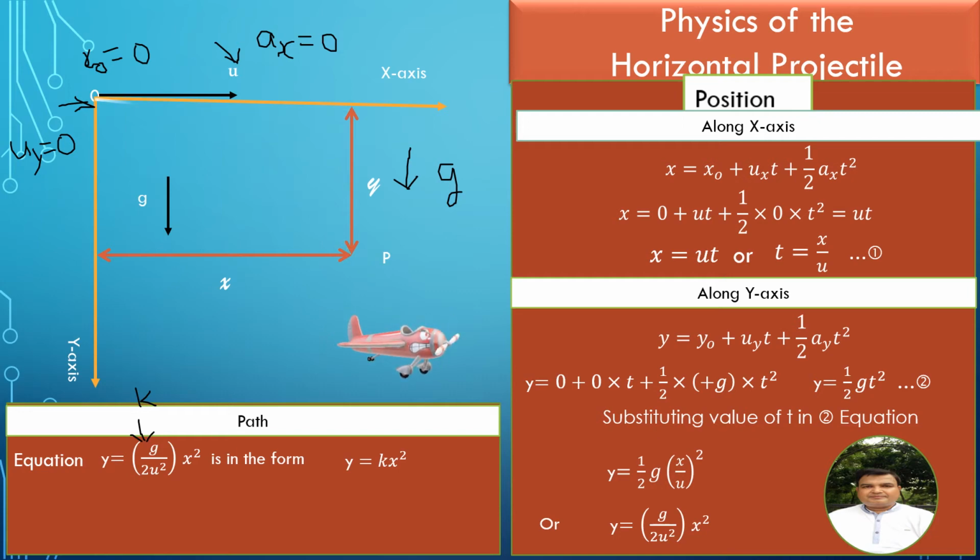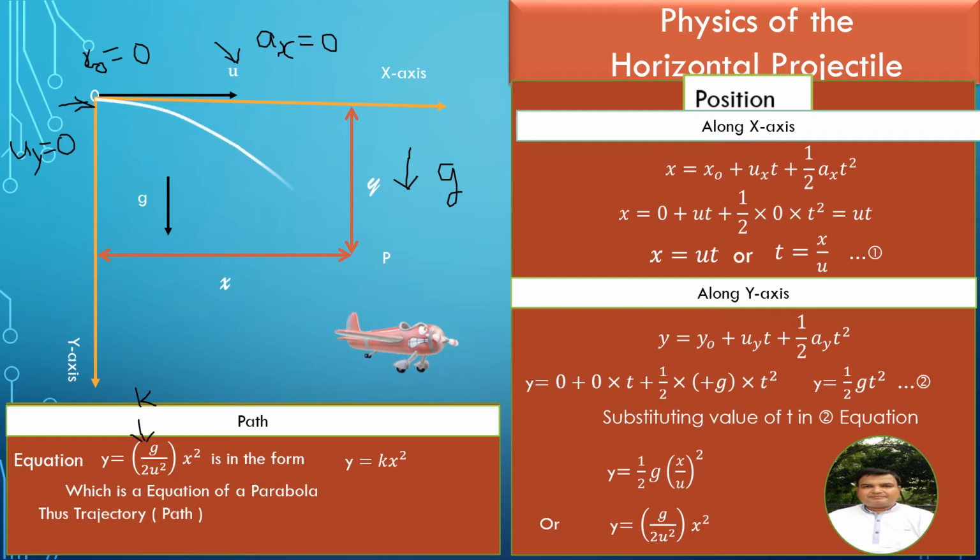Means variable is only x and y, that's why the equation is in the form y equal to kx square, which is the equation of a parabola. Thus the trajectory, means the path of a horizontal projectile, is what? Parabola. Is it? Yes.